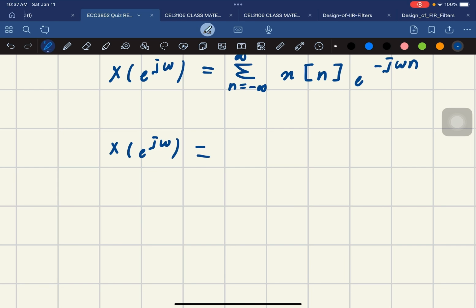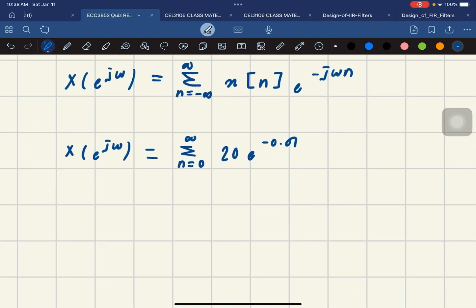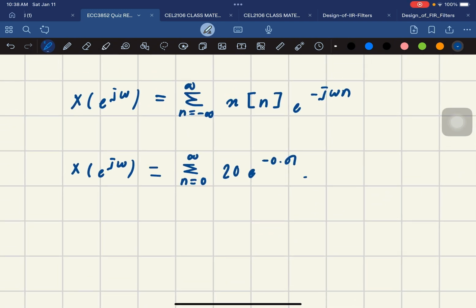Equal to the sum from zero to infinity of 20 e^(negative 0.01 n) that we got up here, times e^(negative jωn).